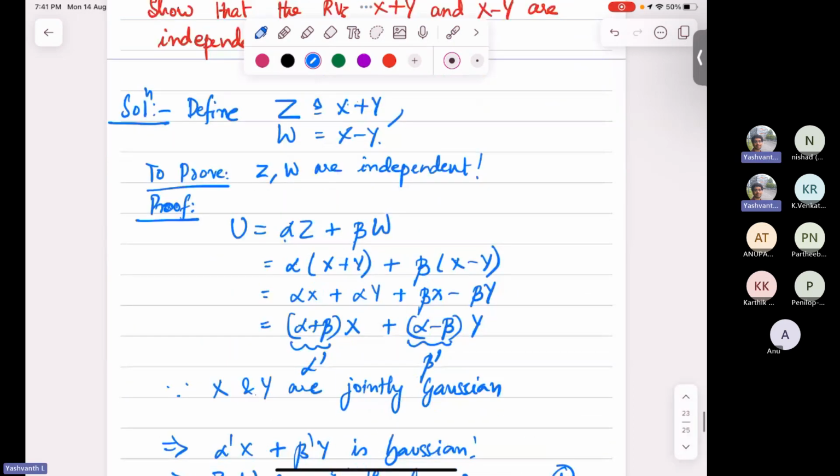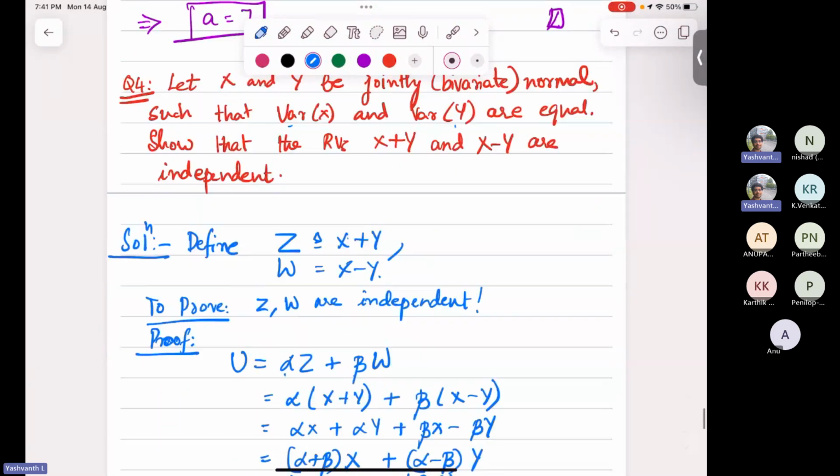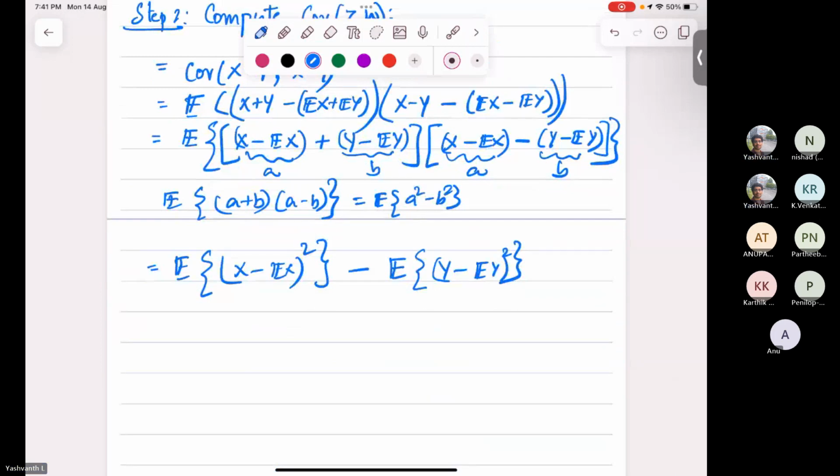See, what is given? Variance of x and variance of y are equal. Now, can anyone complete the proof? Would anyone like to try?